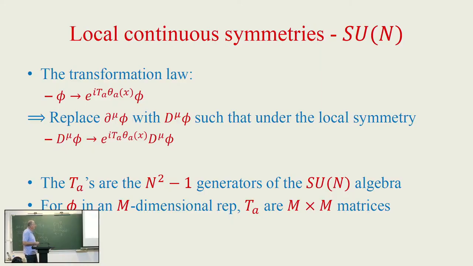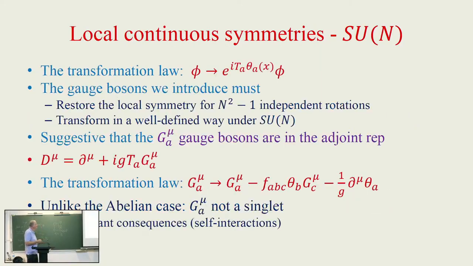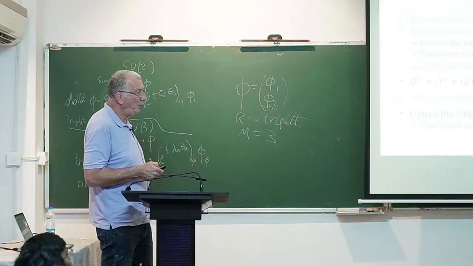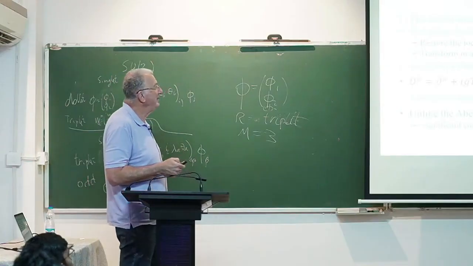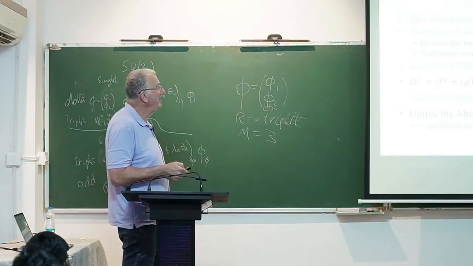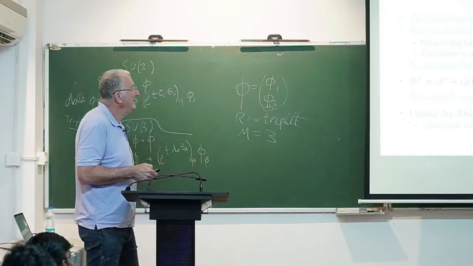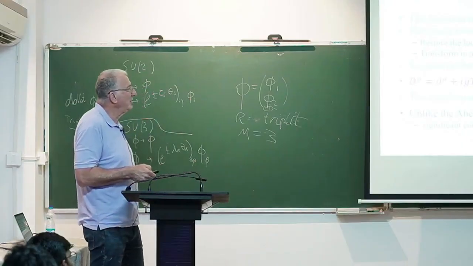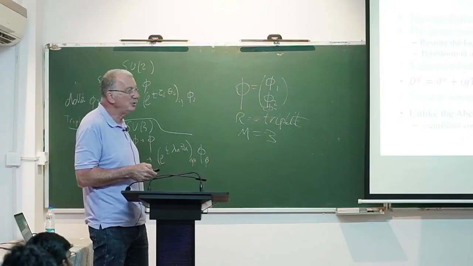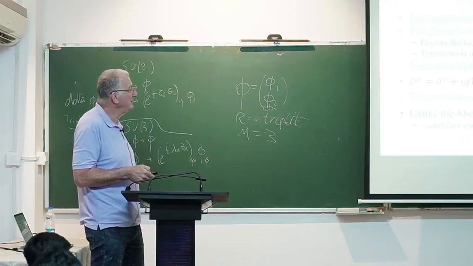It's a reminder that TAs are n squared minus 1 generators, phi m-dimensional, TAs are m by m matrices. So what should we do? If we want to compensate for d mu acting on each of these theta A, we have to restore the local symmetry for n squared minus 1 independent rotations.